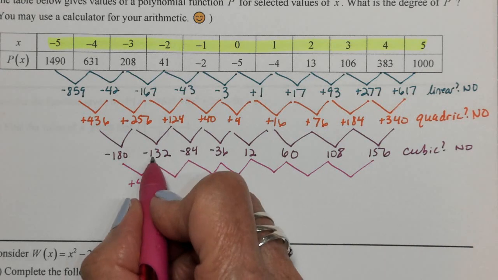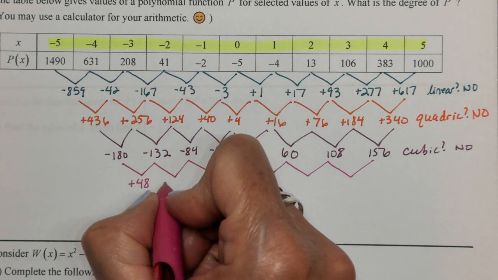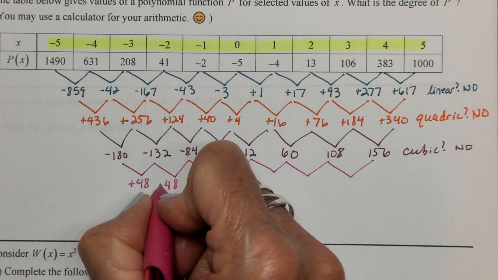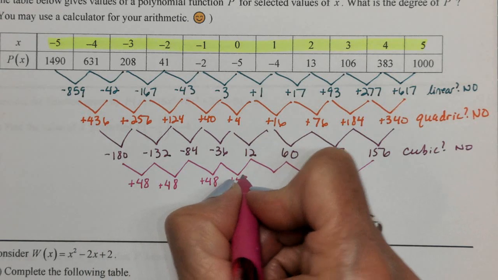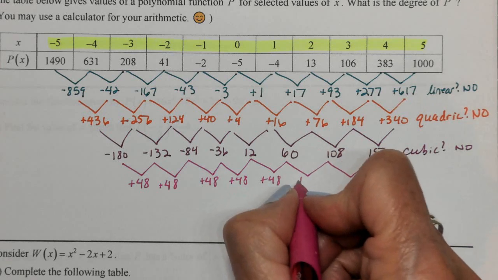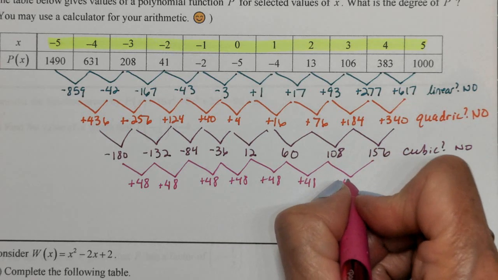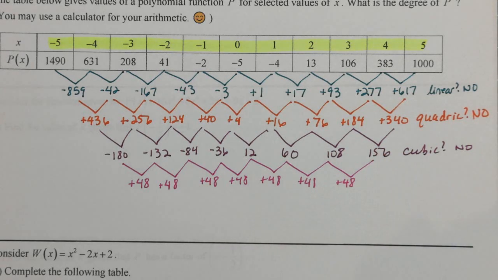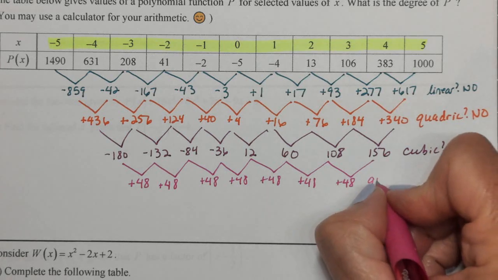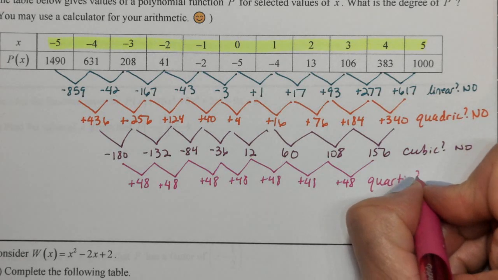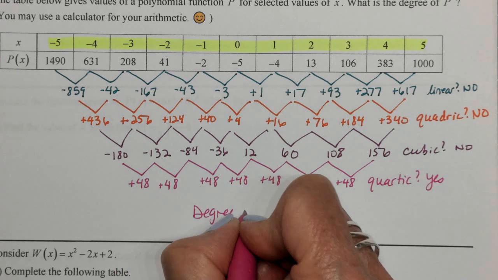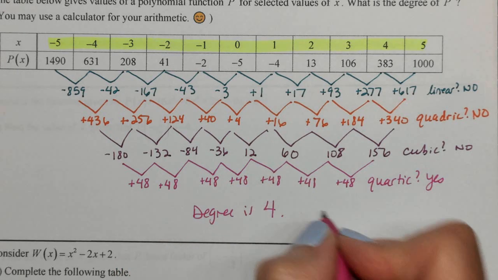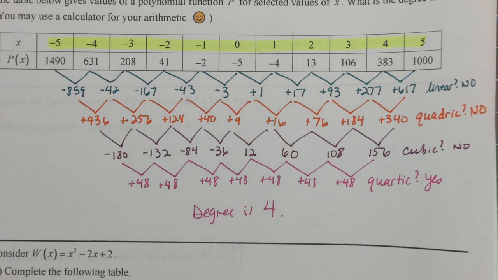Negative 84 plus 132 is plus 48. Plus 48, plus 48, plus 48, etc. All of them came out to be plus 48. Is it quartic? Yes, the degree is 4. Okay?